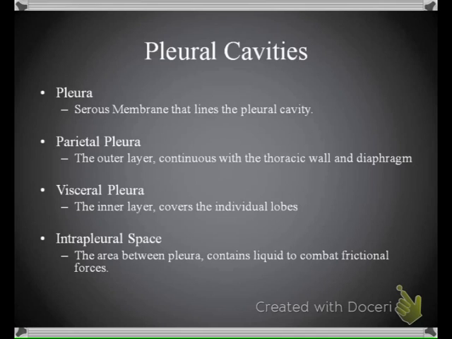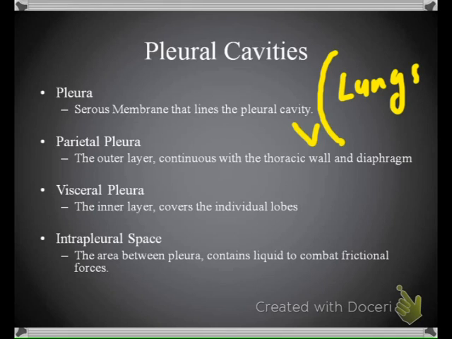So if we were looking at this, we would say that this would be the visceral pleura here, and notice that this is the lungs, and so it's pretty much contiguous with the lungs. And so we would have a space, and then this would be the parietal. And so this space in between is the interpleural space.